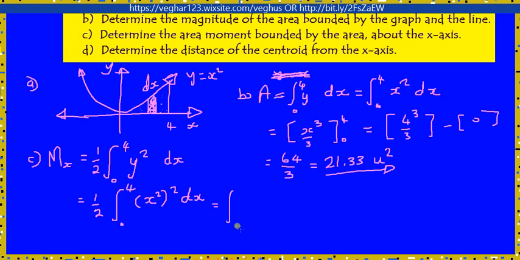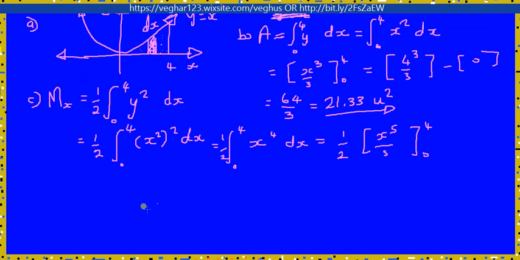Then, not integrating, simplifying this one, you'll have, then you integrate, the half must be, the limit is 0 and 4.